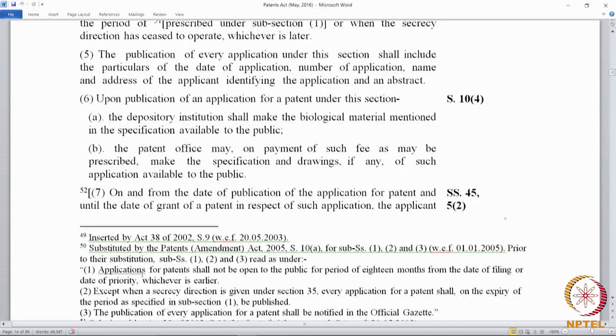So, you understand that under the Patents Act, when a thing gets published, it becomes open or it becomes available to the public. So, this is an important concept even when we understand prior publication for the case of determining novelty. When is something made available to the public?